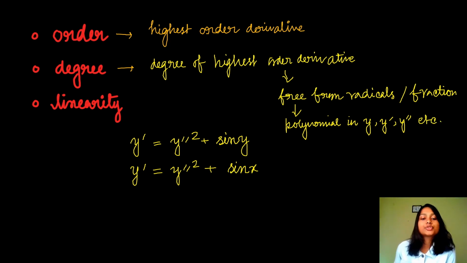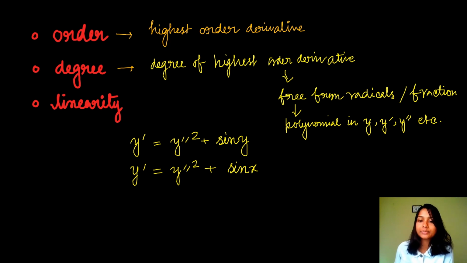Okay, so let us see this equation first. For this equation, we have the order as 2, as it has the highest order derivative 2. Next for degree, 2 is the degree of the highest order term, and this equation is free from radicals.